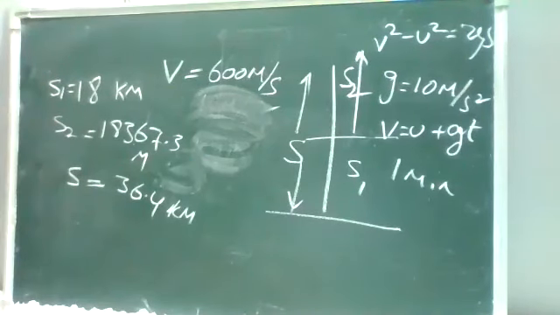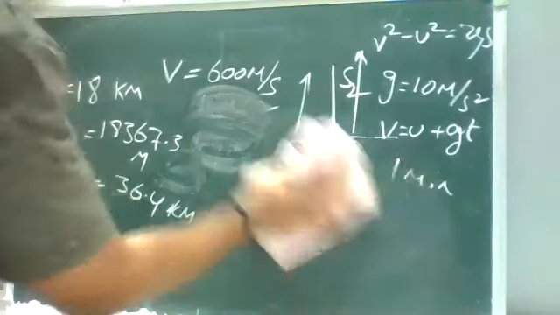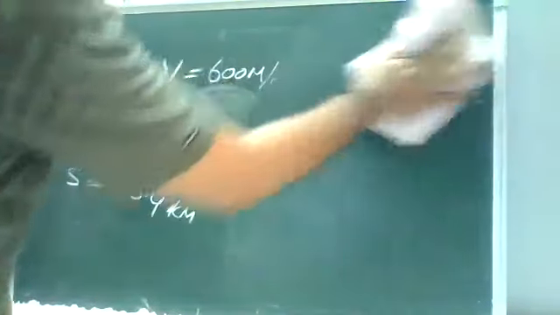Next question. A stone is dropped from a balloon rising upwards with a velocity of 16 meter per second.